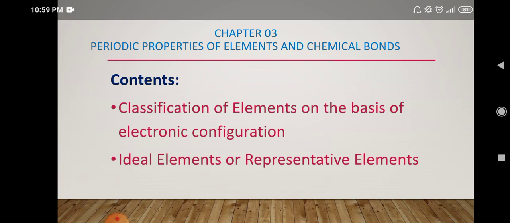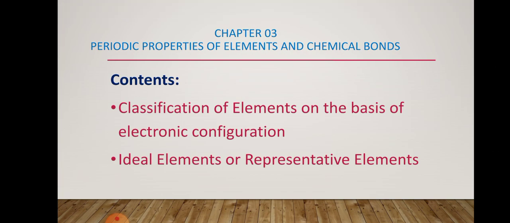Today I am going to discuss classification of elements on the basis of electronic configuration and ideal elements or representative elements under chapter 3. The title of chapter 3 is Periodic Properties of Elements and Chemical Bonds.